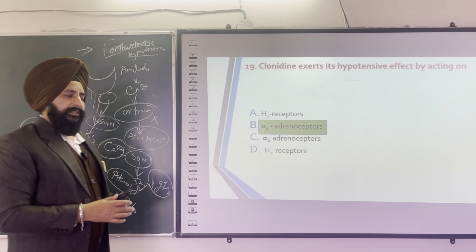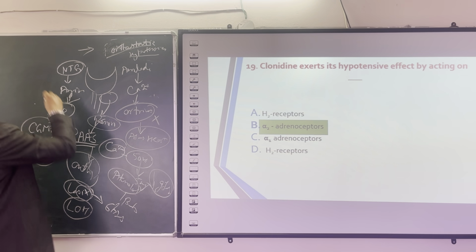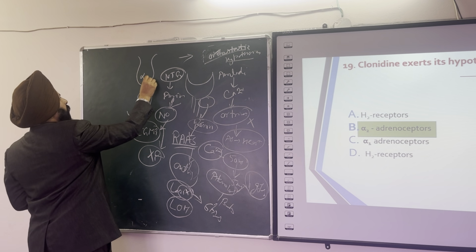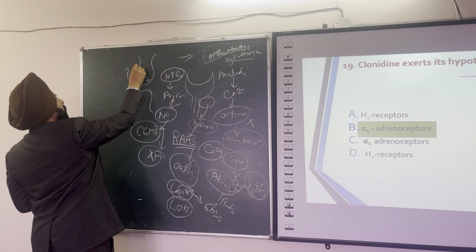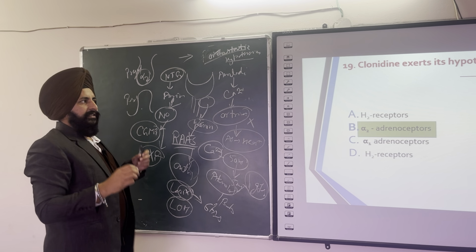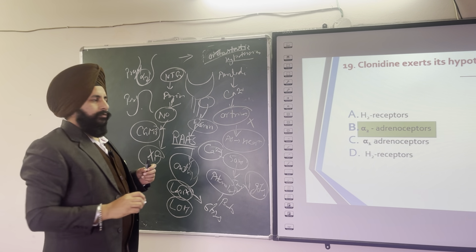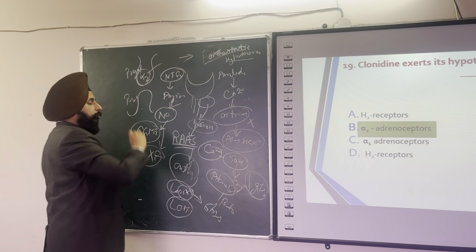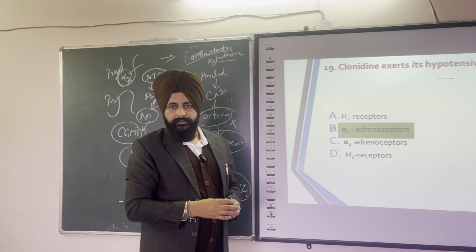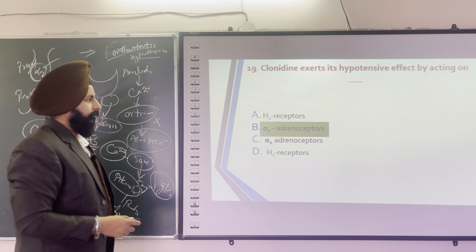Alpha 2 receptors are present on the presynaptic part. Alpha 2 is present on the preganglionic side, and this is the postganglionic side. So they are called centrally acting drugs. Clonidine acts on the alpha 2 receptor. The second option is alpha 2 receptor is an autoreceptor. So this is the right answer for this question.